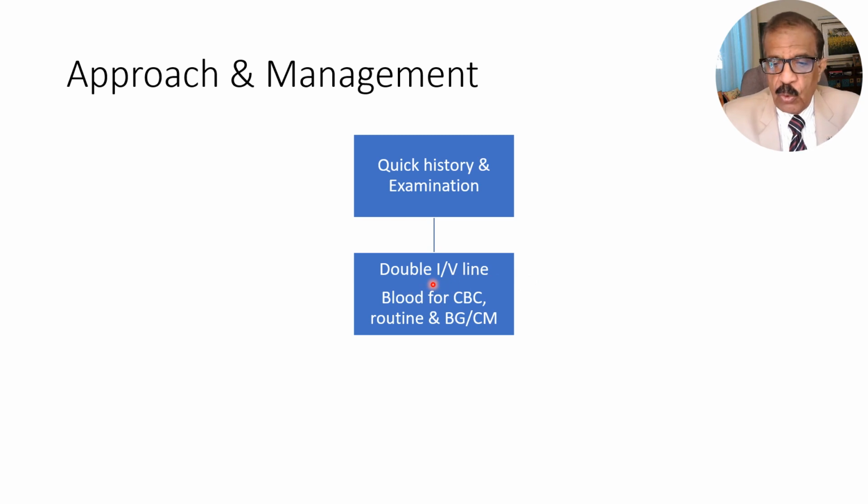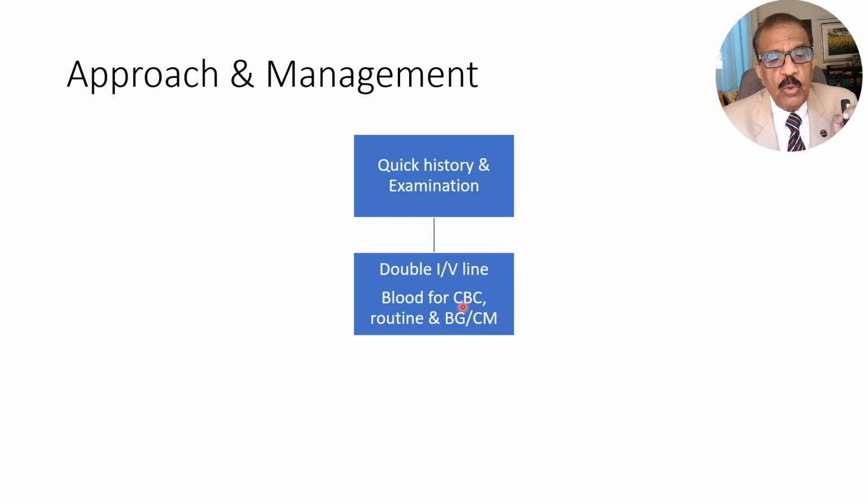And before the patient collapses further, it is a good strategy to secure a double IV line so that all the drugs and blood transfusion can be given through this. And blood should be drawn for CBC because we need to know the Hb level, and we also need to do routine laboratory tests, and we also need to do the blood grouping and cross matching. So I think all this should be done in the initial assessment, and this will help you.